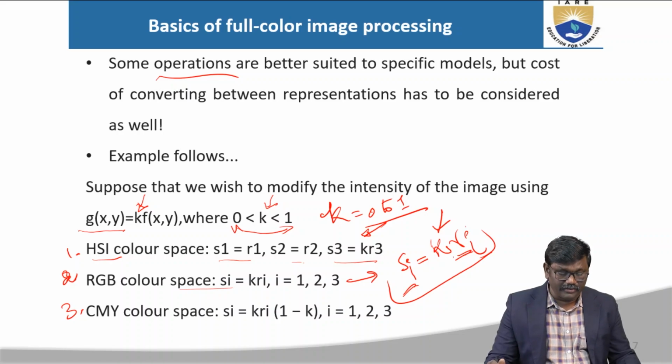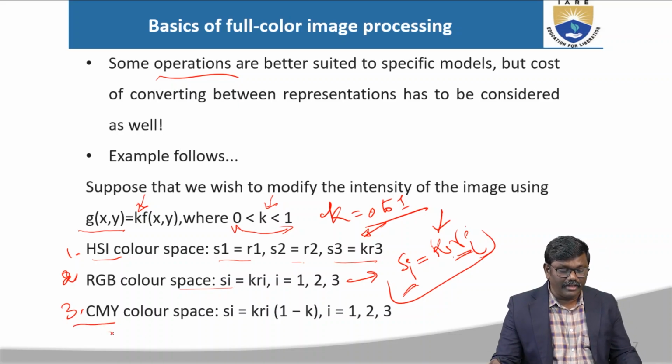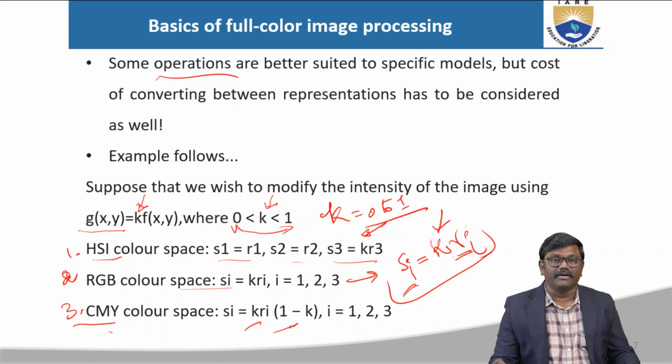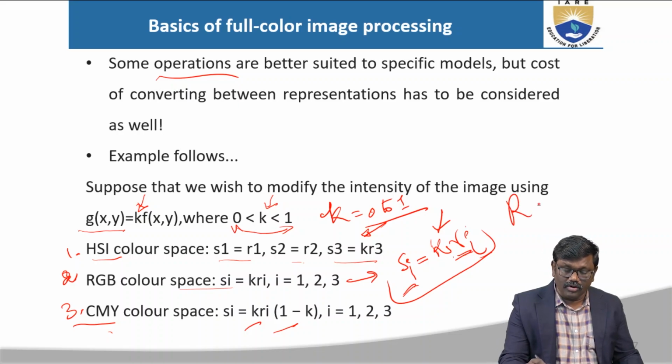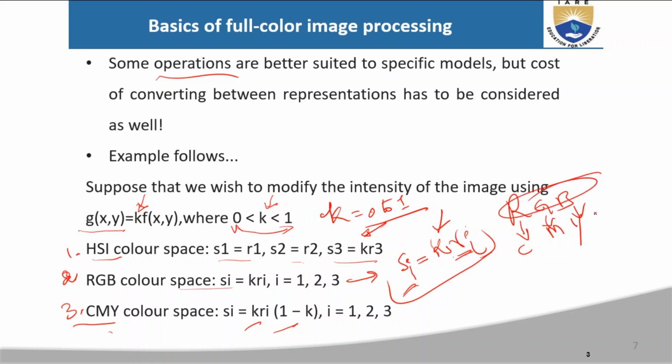But the condition here is that you keep the K value assigned in terms of a satisfactory condition. Whereas the third color model, the CMY color space, is very easy, but the variation happens a little bit differently. What is that variation? You know RGB, then you convert it to CMY.